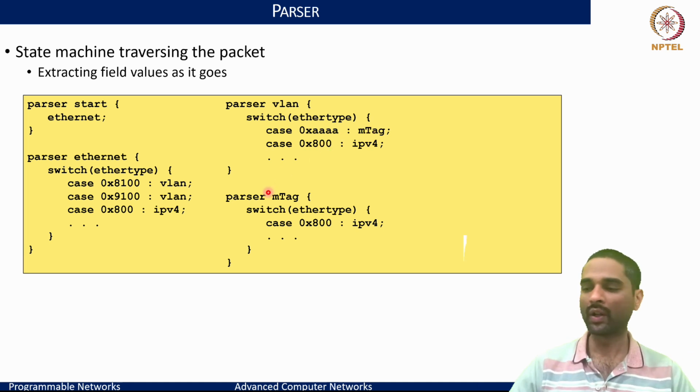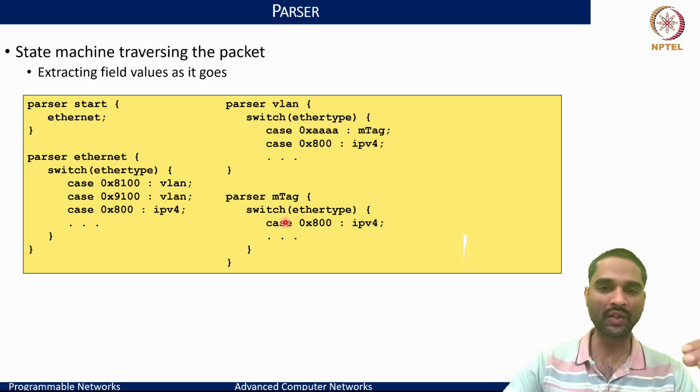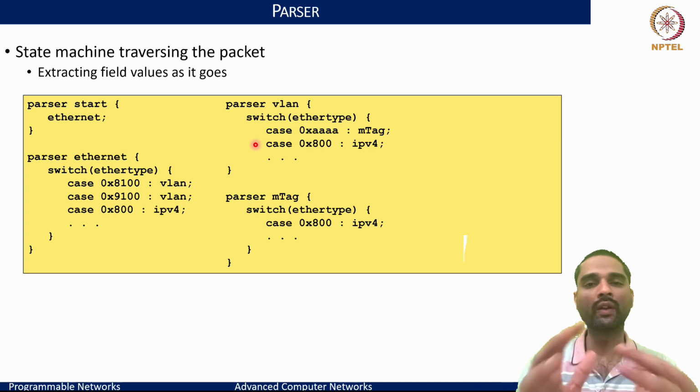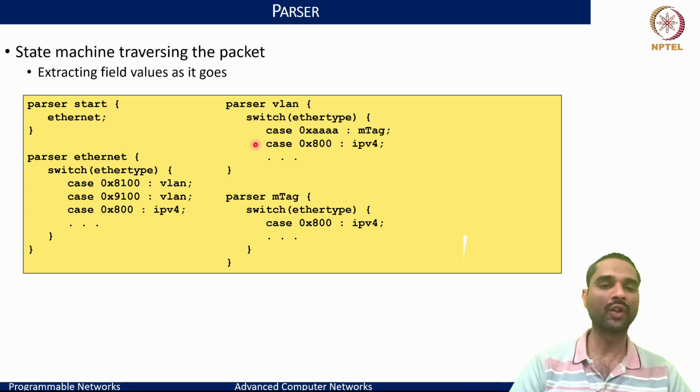Once it parses the M tag, we would see what the next header field is. We are going to IPv4, that's 0x0800, and then it would go on. This is how we can write a parser which is now able to understand three of the headers: Ethernet, VLAN, and M tag, and likewise IPv4 and so on.